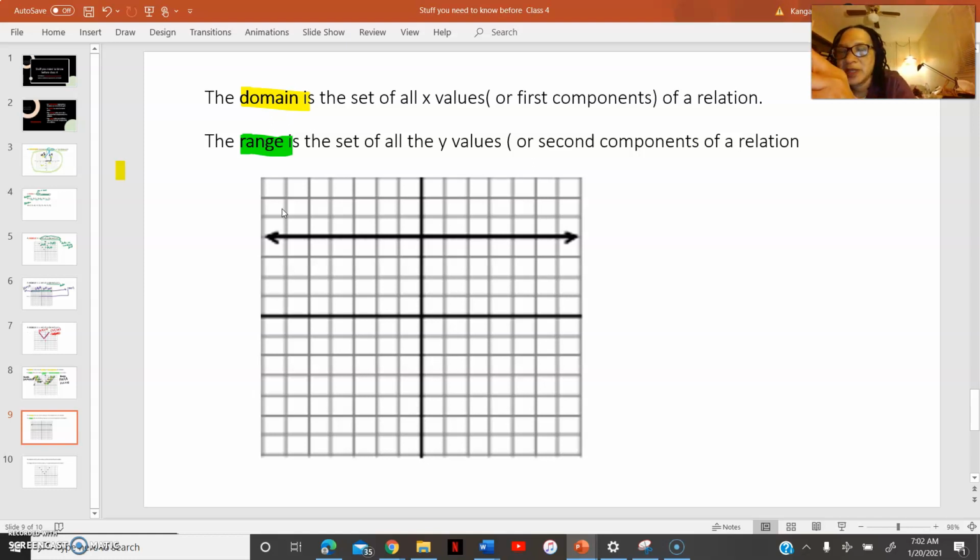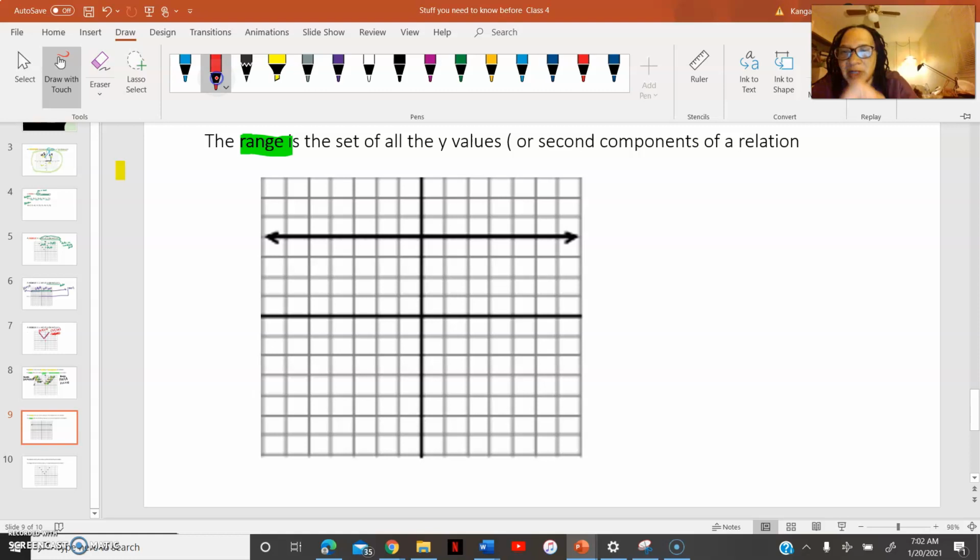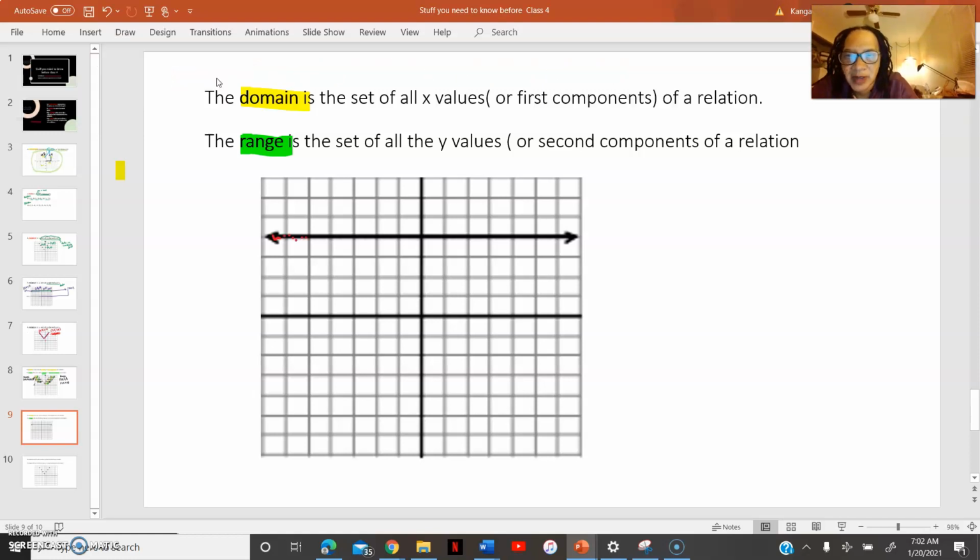We already know it's a relation because we've already said that, and we already know that this relation has an infinite number of dots. So it's going to be impossible for us to write out an ordered pair for every single one of these. That would take the rest of our lives because there's an infinite number of ordered pairs. So how are we going to tell someone what the domain and the range is? Well, it's going to be an infinite set.